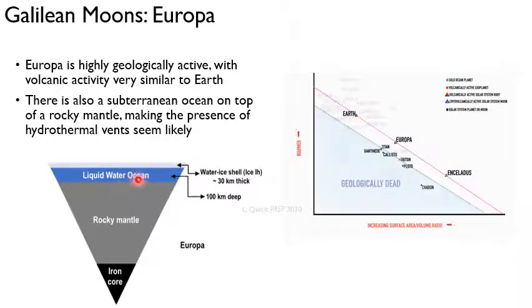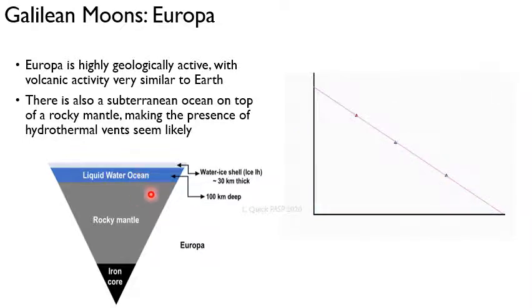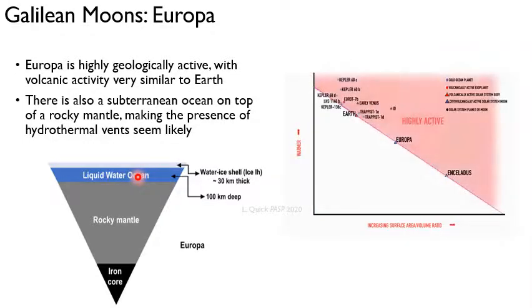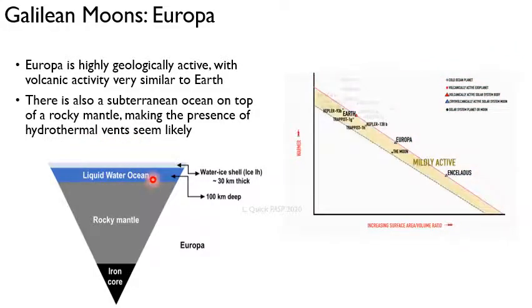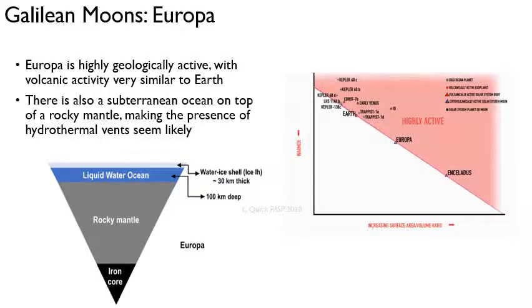Because you have a lot of geologic activity similar to Earth, a rocky mantle, and a liquid ocean, this makes the presence of hydrothermal vents seem quite likely. And again, hydrothermal vents are a hotspot for life on Earth, so why would they not be on a moon? It's definitely plausible.